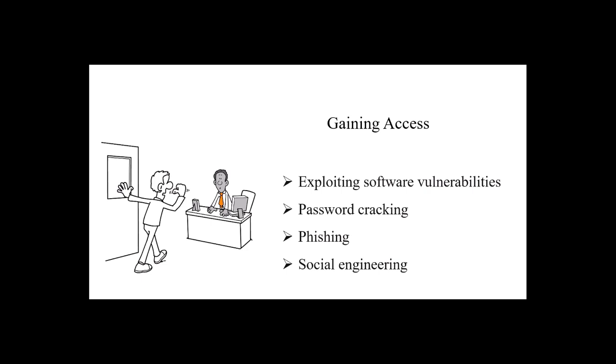We can crack passwords, do phishing, and also social engineering, like utilizing your Facebook or Twitter account to gain valuable information. By accumulating all those methods, we can actually penetrate the system.